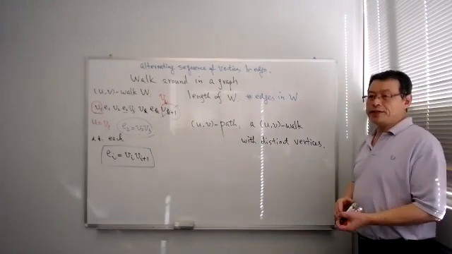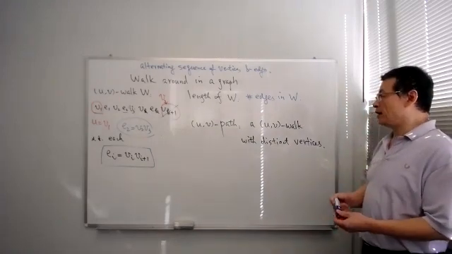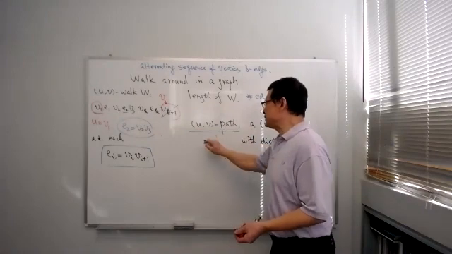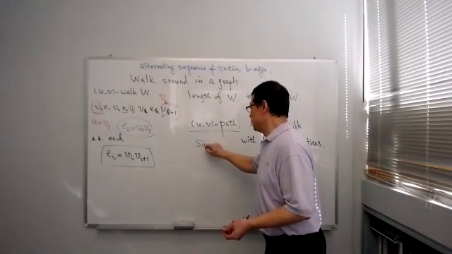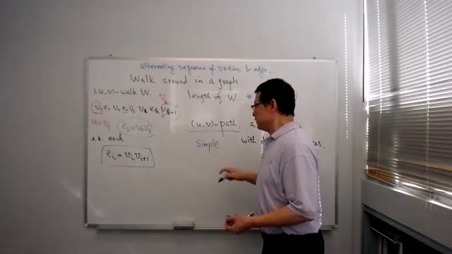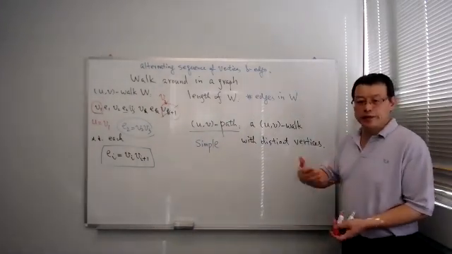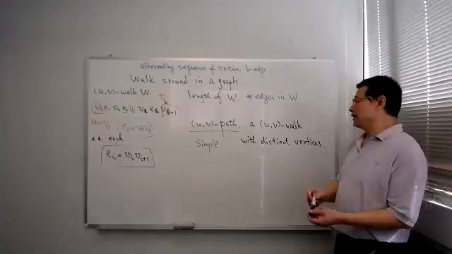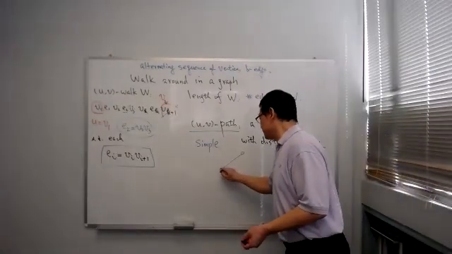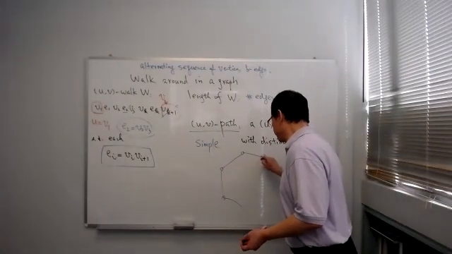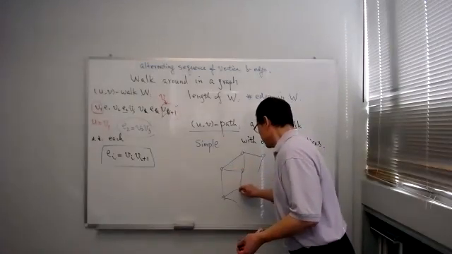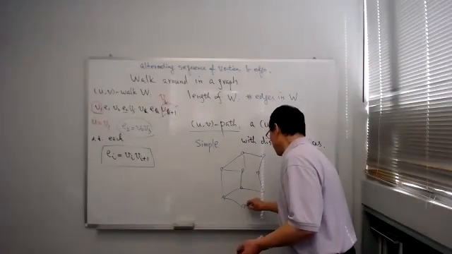If we do not repeat vertices at all, then it is called a path. Sometimes we say it's a simple path, to emphasize no vertices are repeated. When no vertices are repeated, of course, edges will not be repeated. All right. So that's called a UV path. So it really looks like a path. So that's why we use this name.